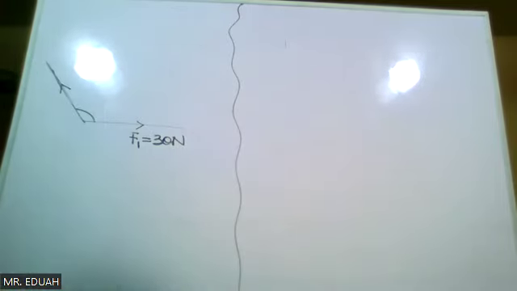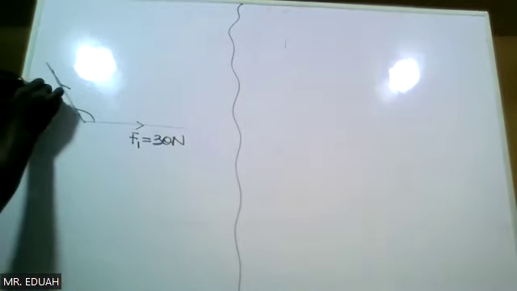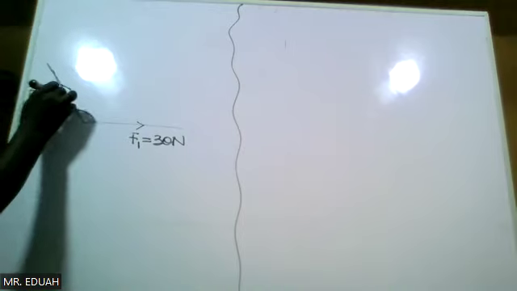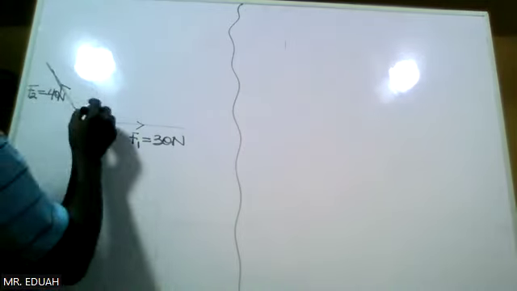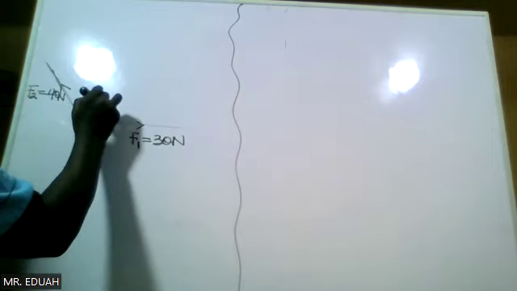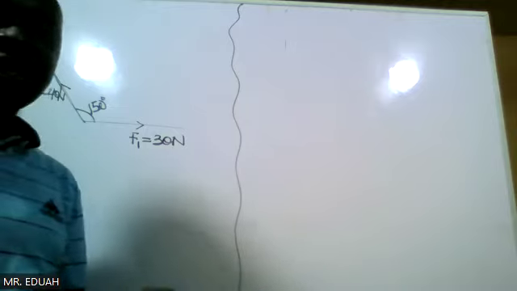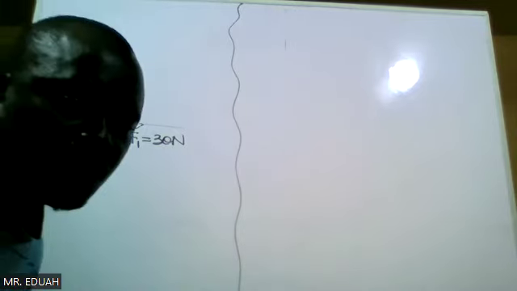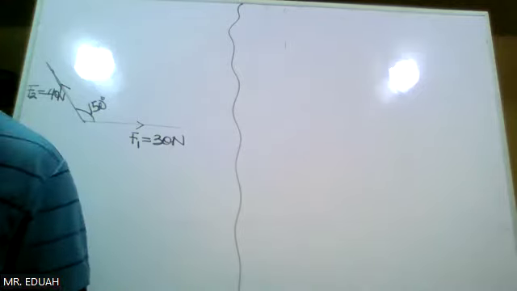Yes, please. Okay. So F2 is 40. The angle between them is 150. If I give this example to you, I would expect you to first resolve it into a parallelogram.